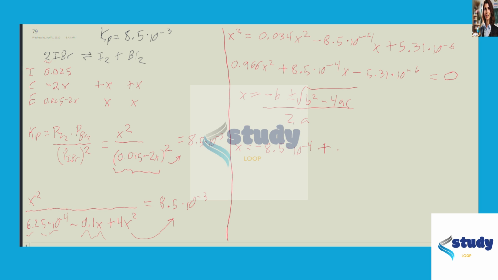So negative 8.5 times 10 to the minus 4th plus the square root of b squared minus 4 times a times c, remember the negative sign, all over 2a.